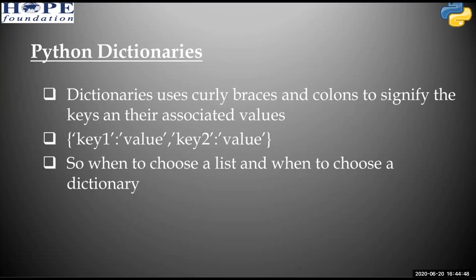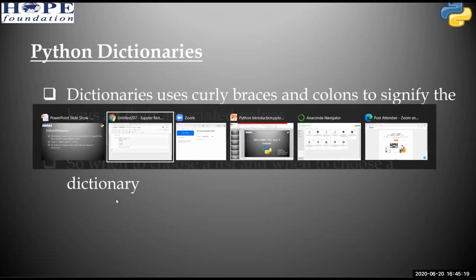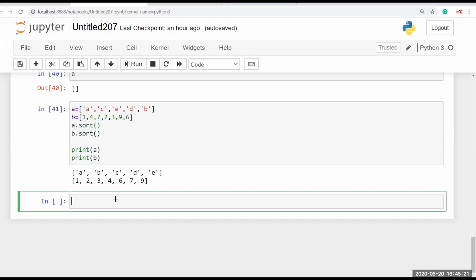If you go with lists, we can do indexing and slicing, and lists are an ordered form of sequence, so the objects and elements are retrieved by their index location, right? Okay, these are the differences between dictionaries and lists. So let's move on to the Jupyter notebook and see a couple of examples using dictionaries.